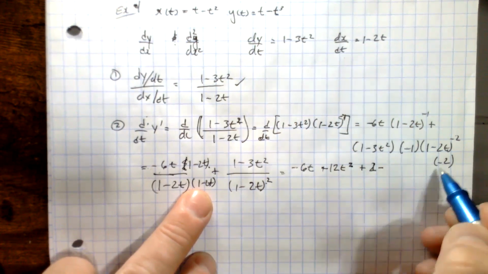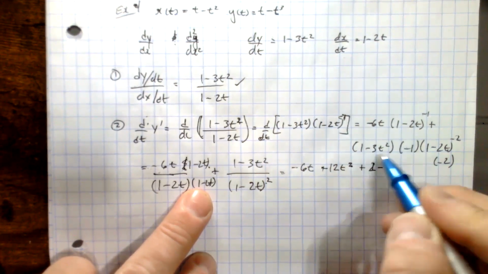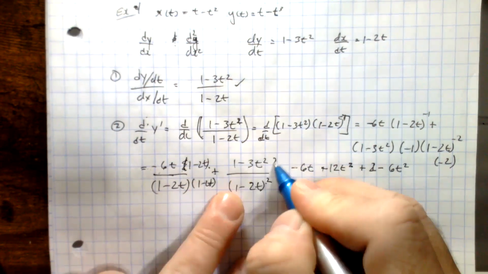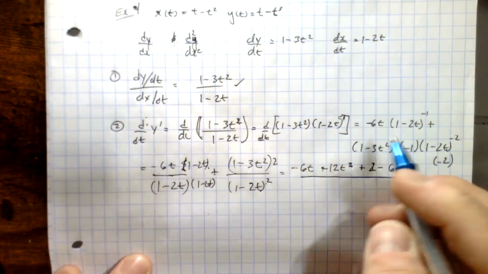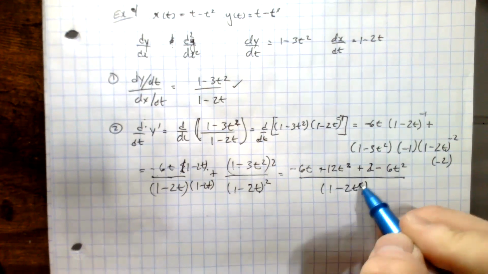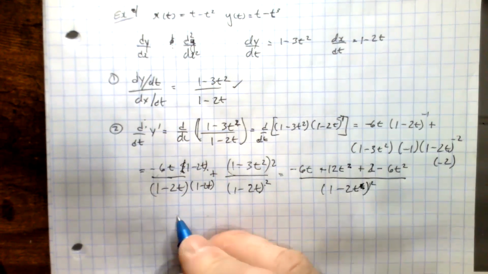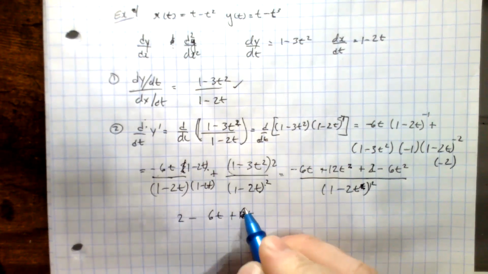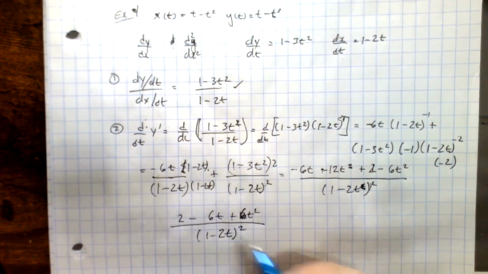It's going to be a negative 2 here, so it's going to make that a positive 2. I'm going to multiply that 2 inside, so it's going to be 2 minus 6t squared. This is times 2 on the outside here. So we get 2 and then a 6t squared all over 1 minus 2t, that whole thing squared, not just that. All right, combining like terms, I have 2 minus 6t plus 6t squared all over 1 minus 2t quantity squared.